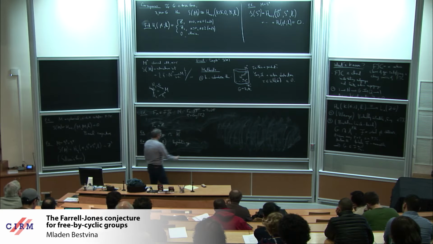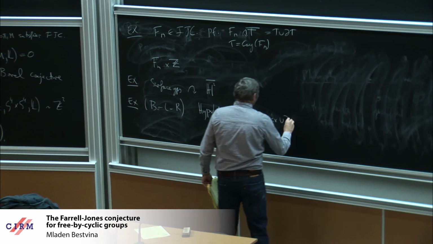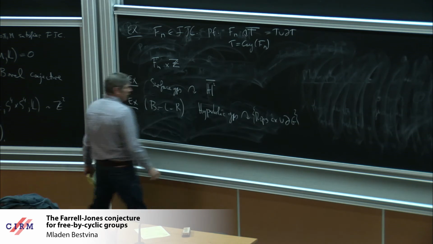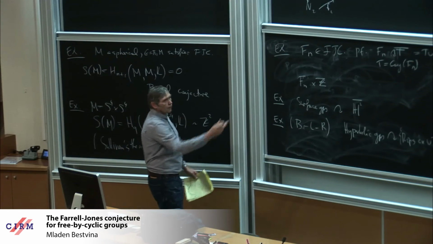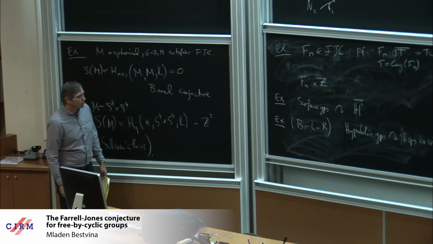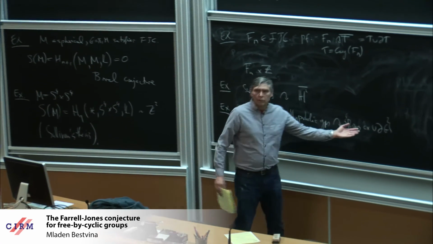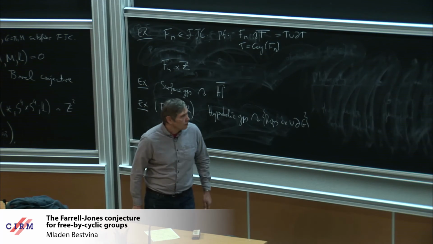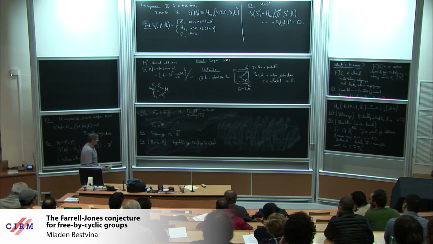The action is on the compactified Rips complex union the boundary, and that's an absolute retract. And the action, it turns out, satisfies those conditions. The stabilizers here are just virtually cyclic, for example, just like in the surface case. And the virtually cyclic groups satisfy Farrell-Jones. And then you have to check the finite amenability.